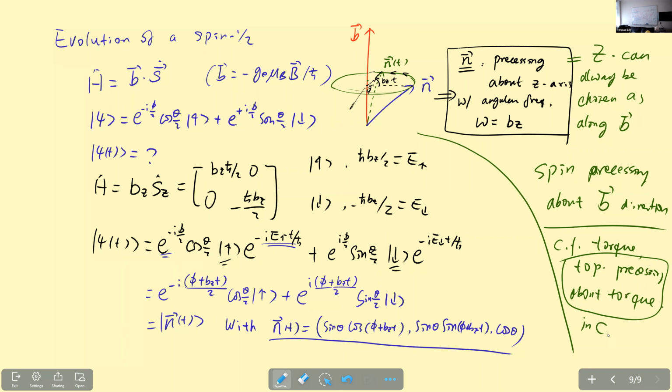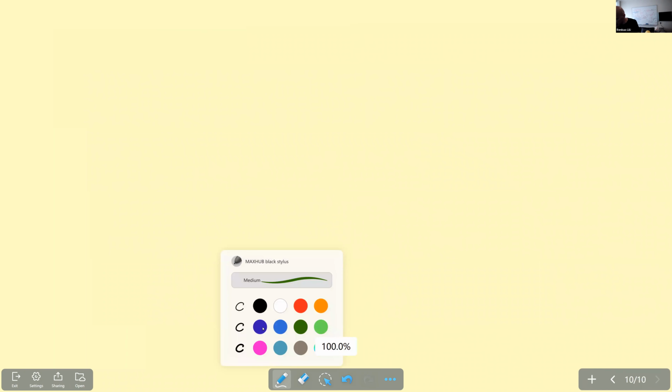In classical mechanics. So the spin is something very much like a top. And so that's probably one of the reasons that we call this one spin, okay, right? So this one tells us what is spin.